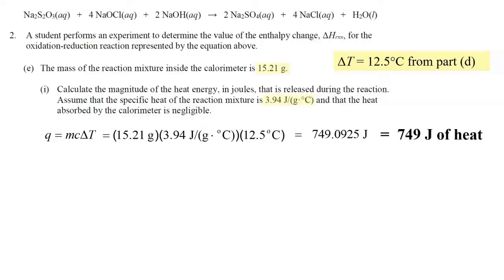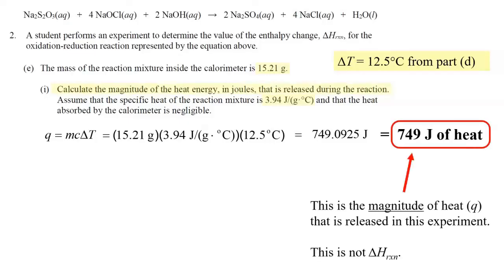Now, the 749 joules of heat is released, but that is the amount of heat. This is not delta H. This is simply the Q, the magnitude of heat energy in joules that is released during the reaction. So again, in part EI, they wanted the magnitude of heat that is released. This is not delta H for the reaction.